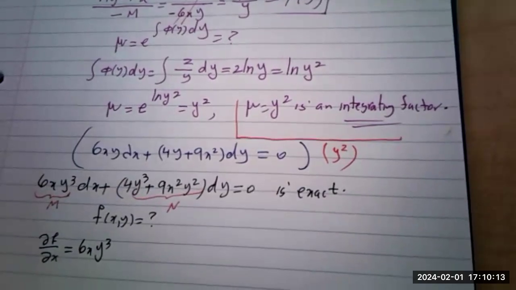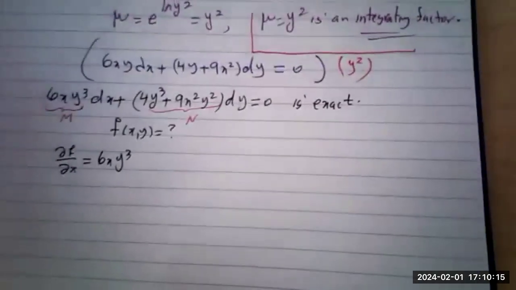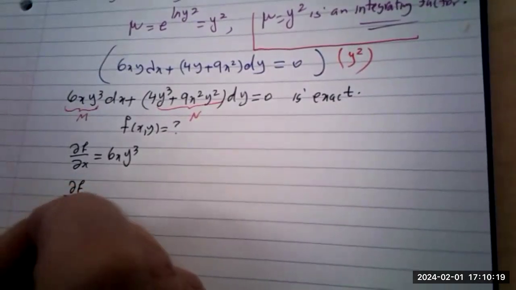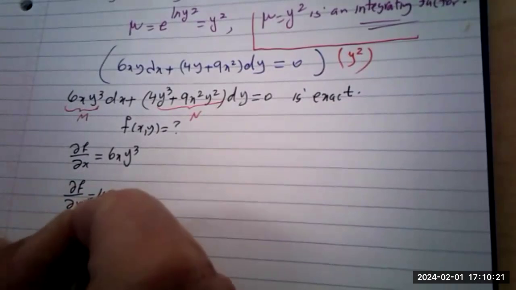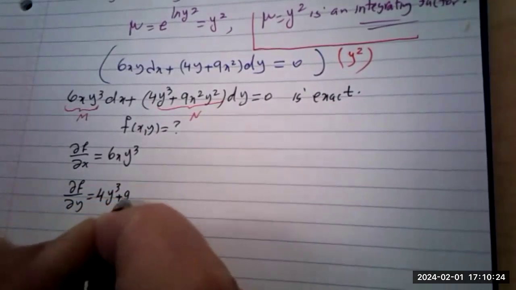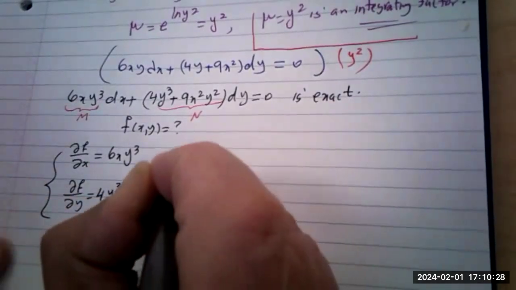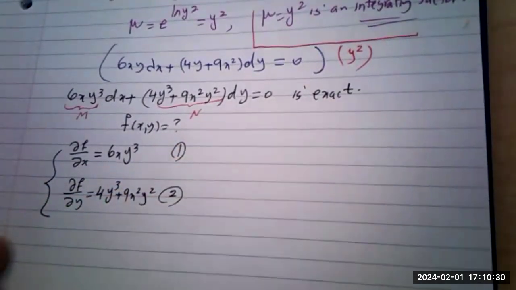That would be your equation number 1. And partial f partial y equal to the new N, which is 4y cubed plus 9x squared y squared. This is going to be equation number 2.